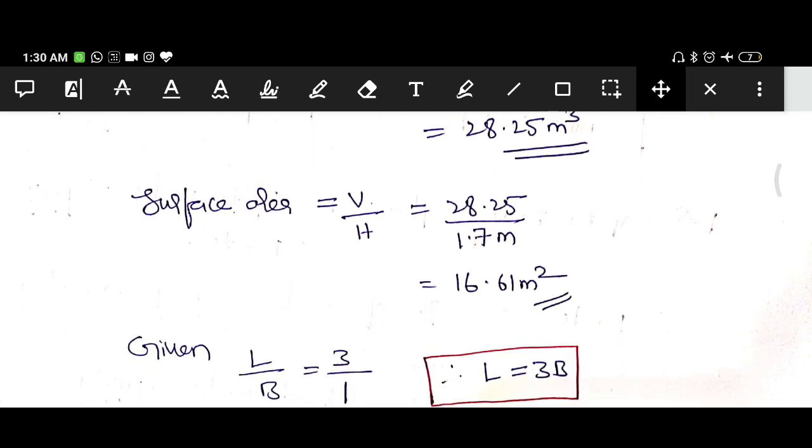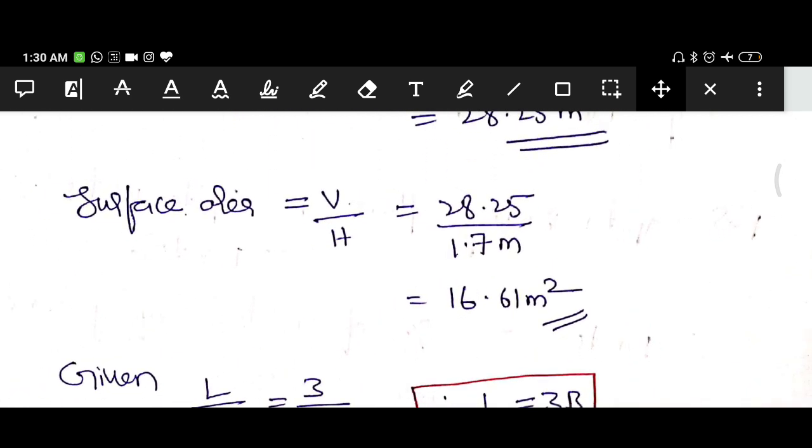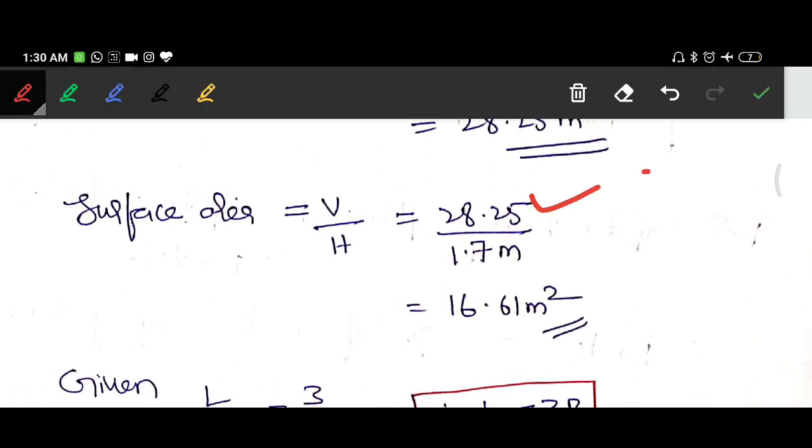Surface area will be volume by height. So here the volume is divided by height, giving 28.25 upon 1.7 meters. So what is 1.7 meters? It is the effective height.